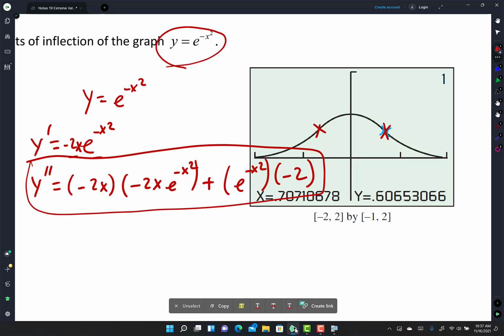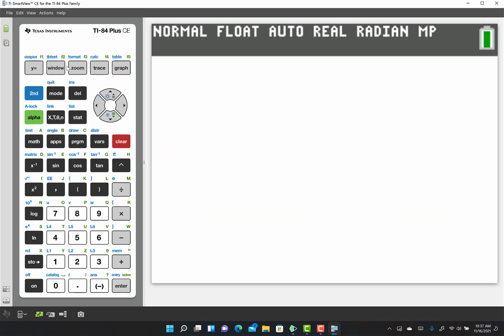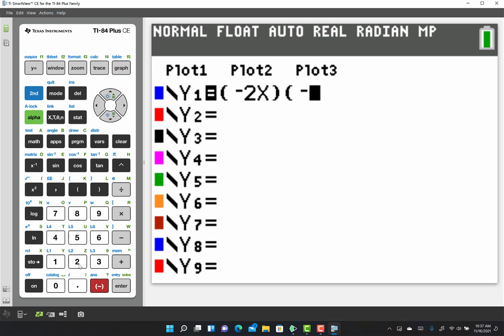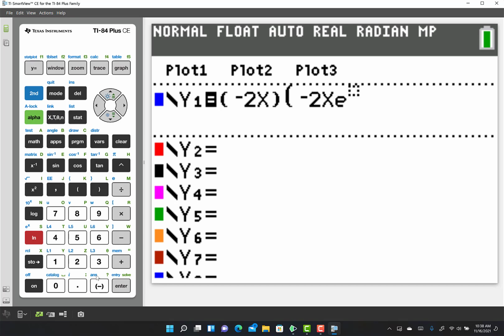I'm going to use the graphing feature of my calculator. So I go to y equals, and I'm going to type that in. Can you guys help me with what I have in there? Parenthesis, negative 2x, close, to the negative x squared, right?